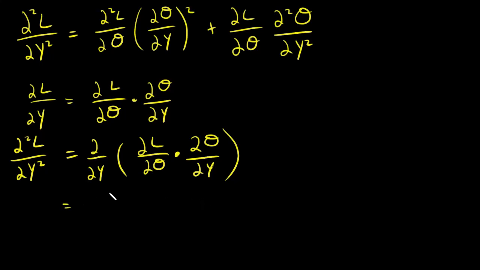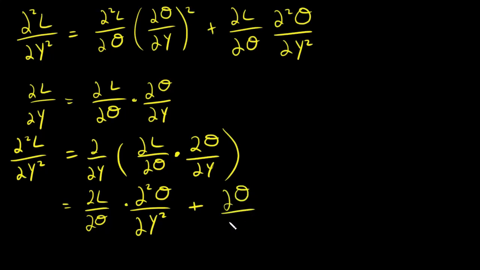Okay. So what is the product rule? It's the first times the derivative of the second, plus the second times the derivative of the first.